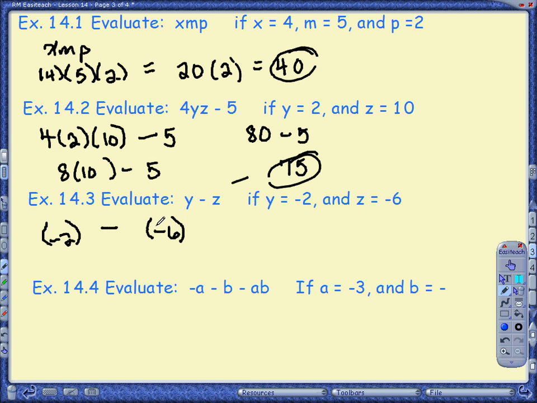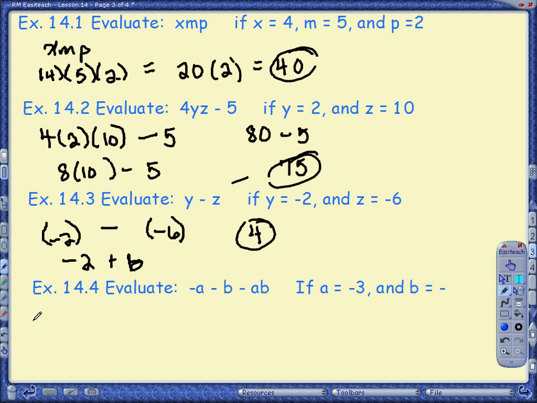Well, we know that a double negative, like we have in front of the 6, makes a positive. We can just drop the parentheses now on the -2. We do +6, double negative makes a positive, and -2 plus 6 is 4, and that would be our answer.